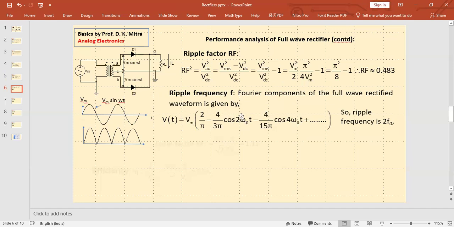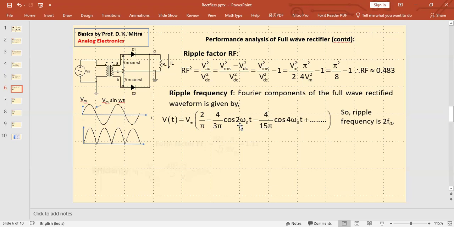And here, the fundamental frequency of the AC is 2 omega 0, which was only omega 0 in case of half-wave rectifier. That means if you are using it in domestic power supply, frequency is 50 hertz, so your fundamental AC frequency will be 100 hertz.